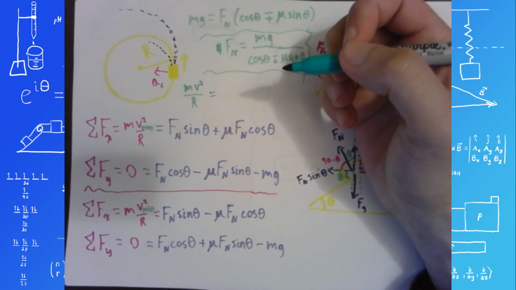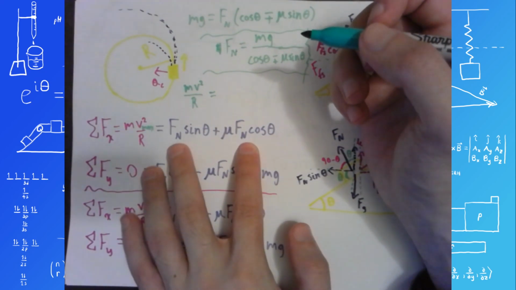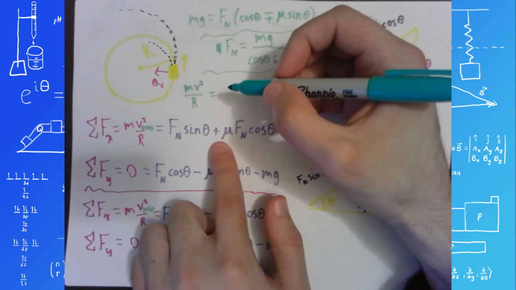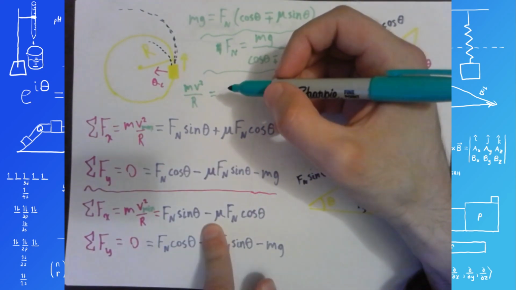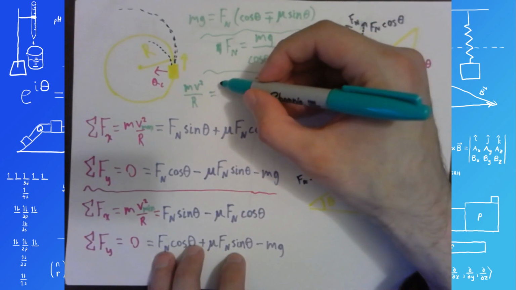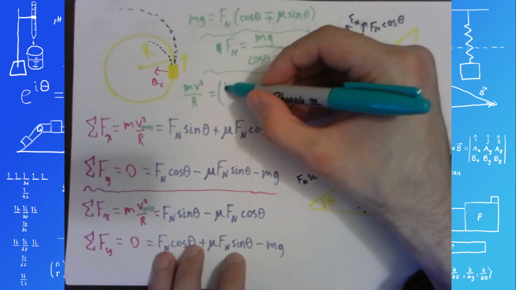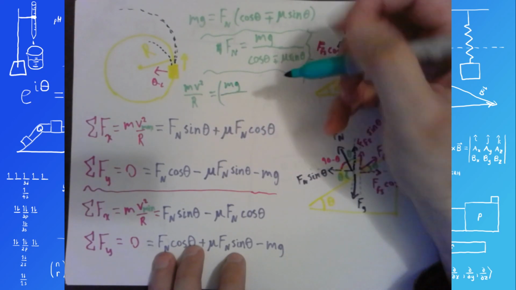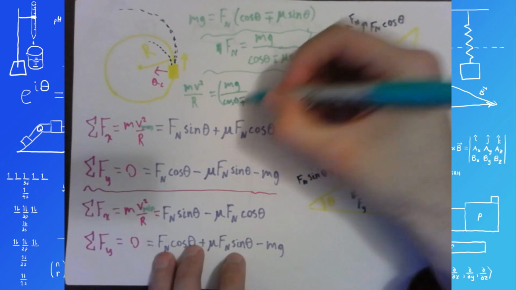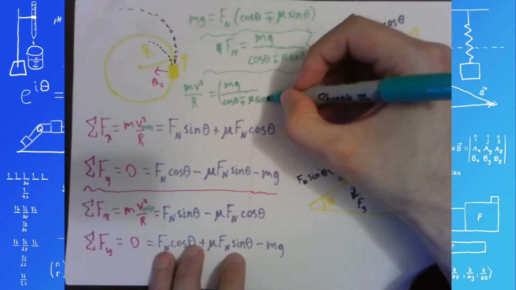Mv squared over r is equal to, I'm going to factor out normal force, and then I'll have sine theta plus or minus coefficient times cosine theta. So the normal force that I have factored out, I can just write as what I solved for up here. I can just write that as mg over cosine theta minus or plus mu sine theta.